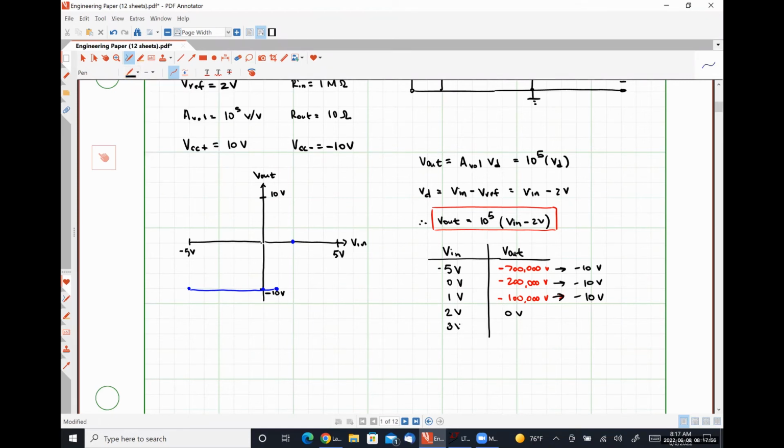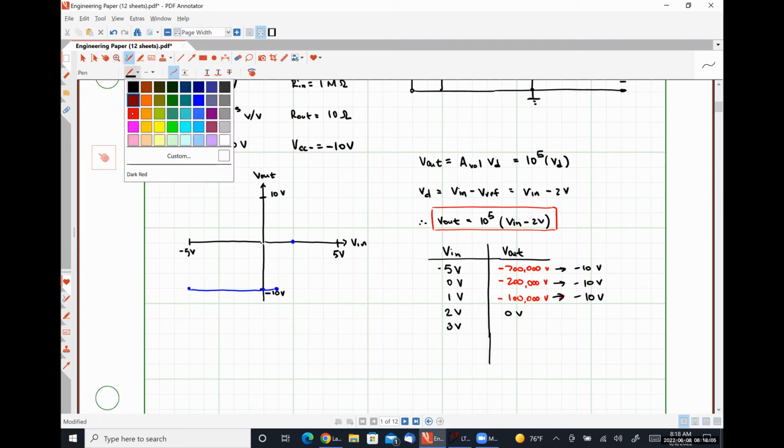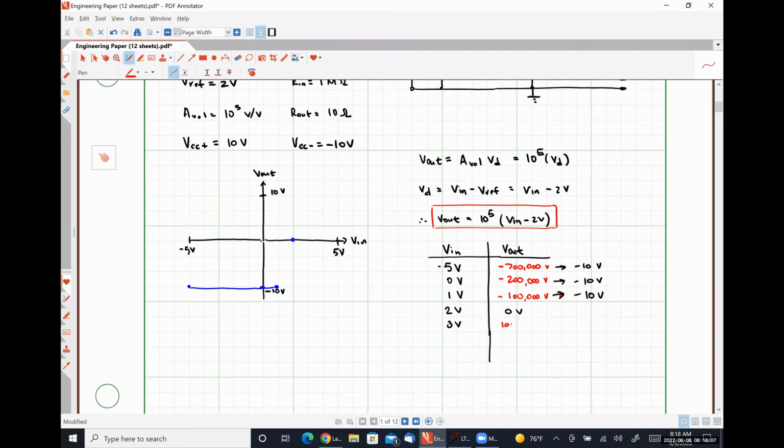Let's look at what happens at 3 volts. At 3 volts, we have 10 to the 5 times 1 volt. So this is positive 100,000. And since positive 100,000 is much greater than VCC plus, or 10 volts, we saturate to VCC plus.